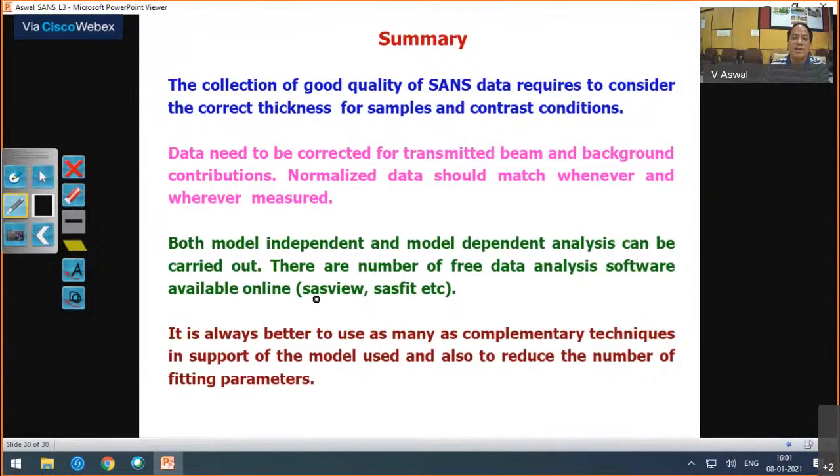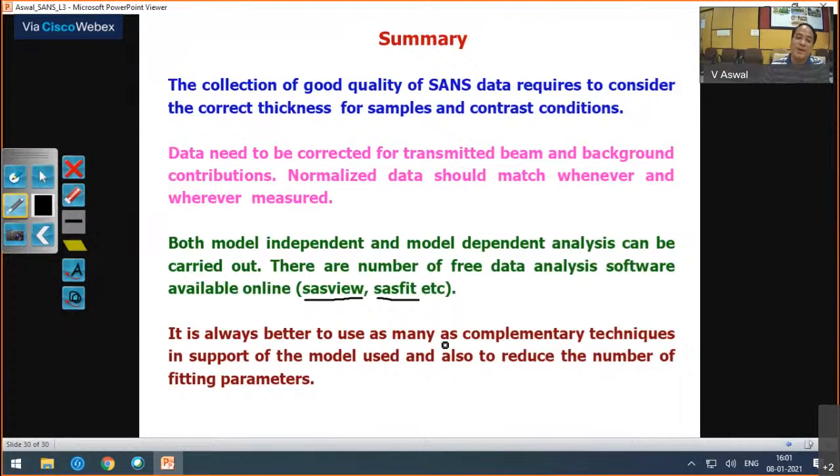But the important ones which are often used are these ones. One is SAS data analysis, another is SAS. Download them and use them. And also, once you have done the analysis, that's not the end of your work.